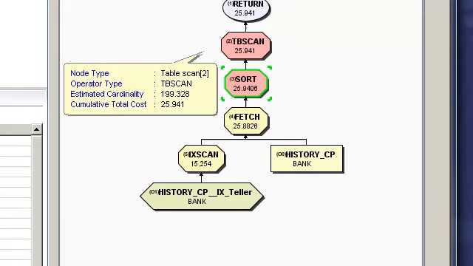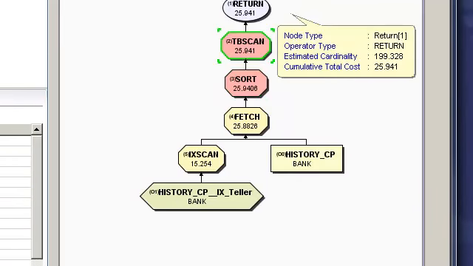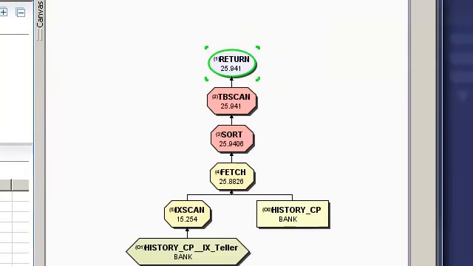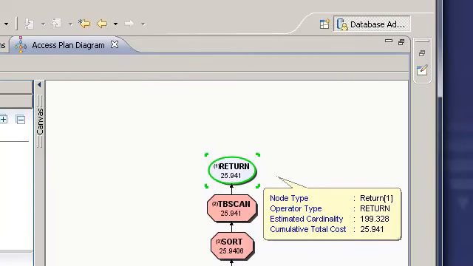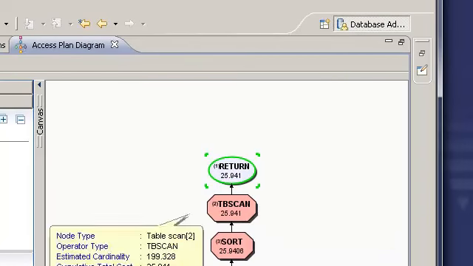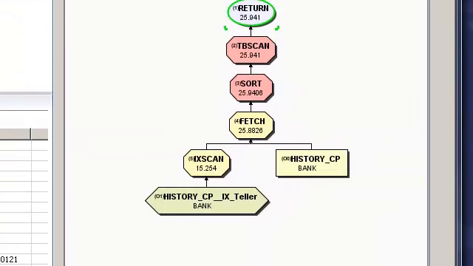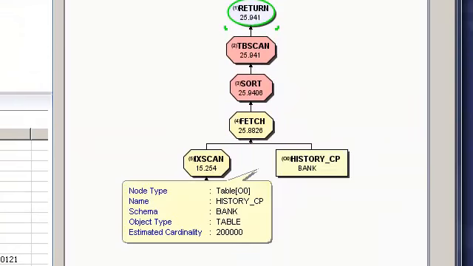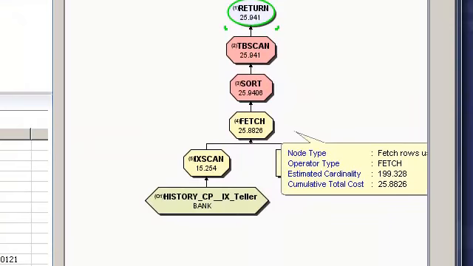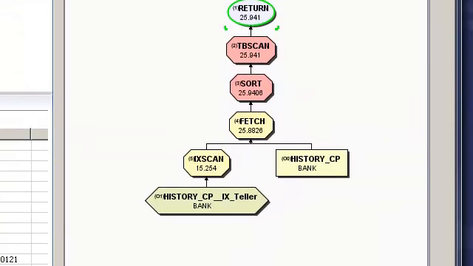So again, we follow by the sort and the table scan with the overall cost here of under 26 compared to 2,200 using the alternate table to perform the same query and return the same result. So dramatically more efficient to use this version of the table, both being compressed, having the appropriate indexes, and actually being reorganized to match the index that we are using for this particular query.